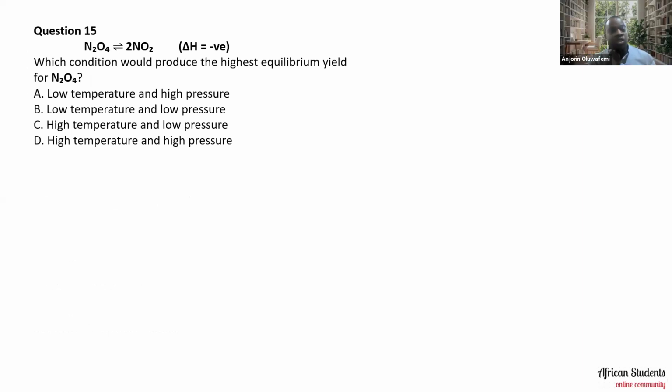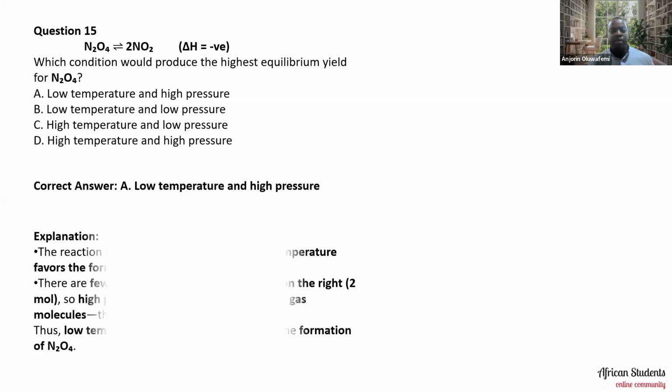Looking at this equation, which condition would produce the highest equilibrium yield for N2O4? Is it low temperature and high pressure, low temperature and low pressure, high temperature and low pressure, or high temperature and high pressure? If you look at it critically, the right answer here is low temperature and high pressure. Why?